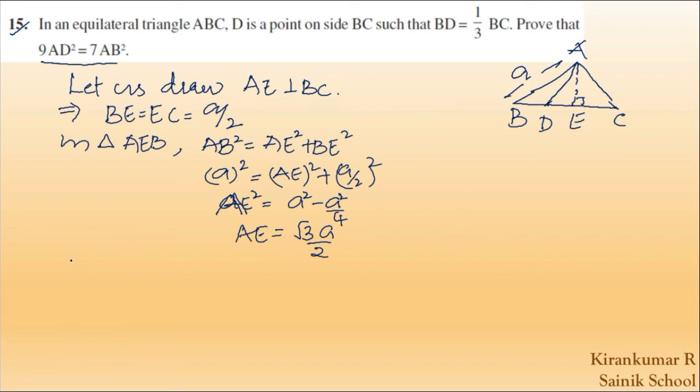Now let me consider the triangle ADE. In this triangle, we have AD square as the hypotenuse square, which is equal to DE square plus AE square. What is the length of DE? The length of DE is BE minus BD.